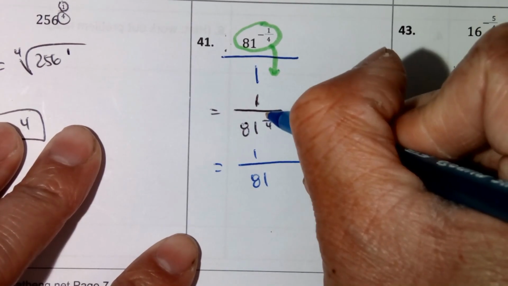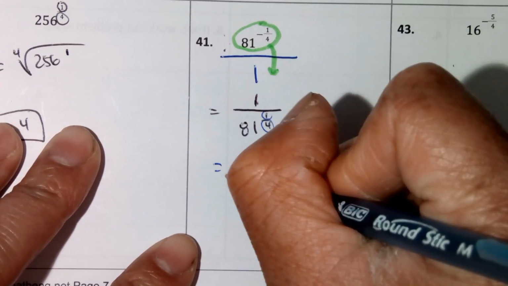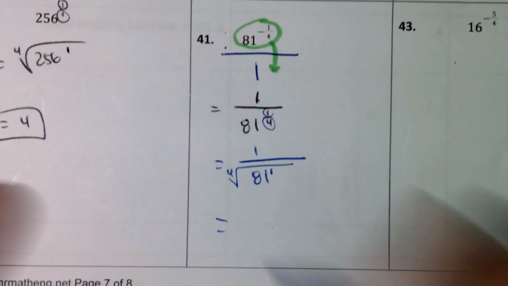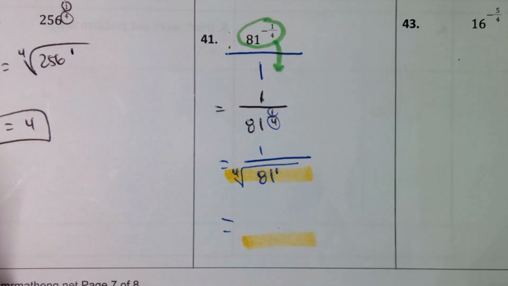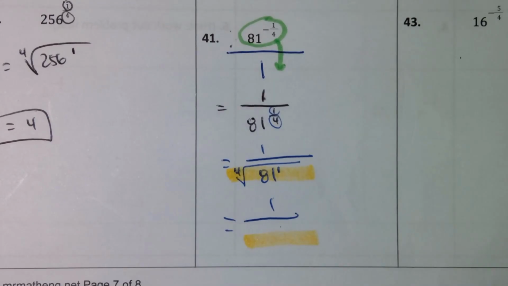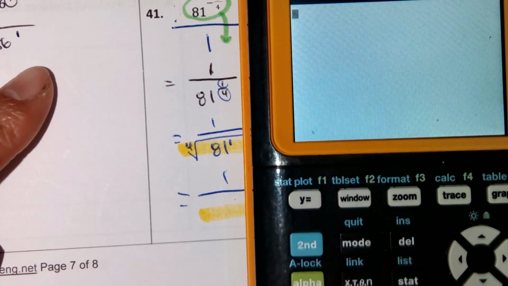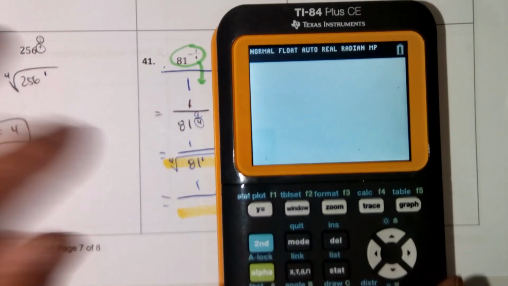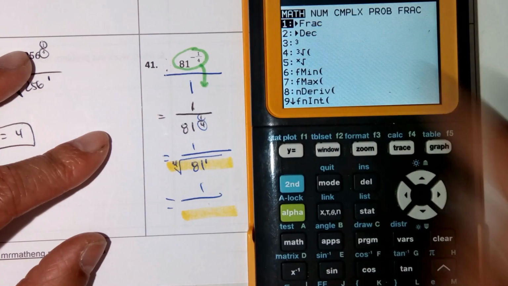Okay, so now let's write it with a radical sign. Fourth root of 81, top goes in, bottom goes out. And what if I get my calculator, the yellow goes there and there in the bottom. My graphing calculator. Okay, the button you need is Math and then number 5.